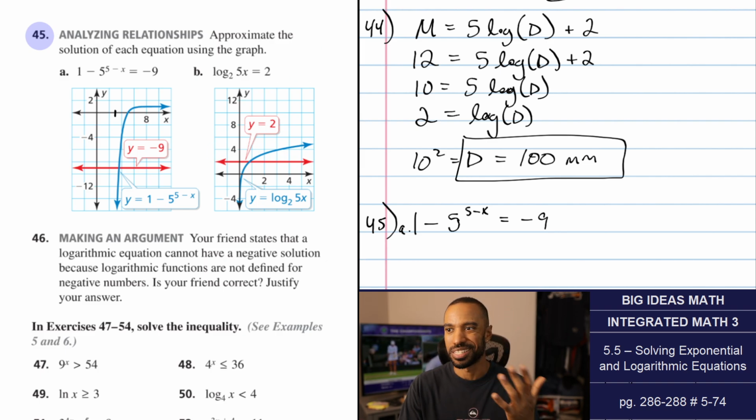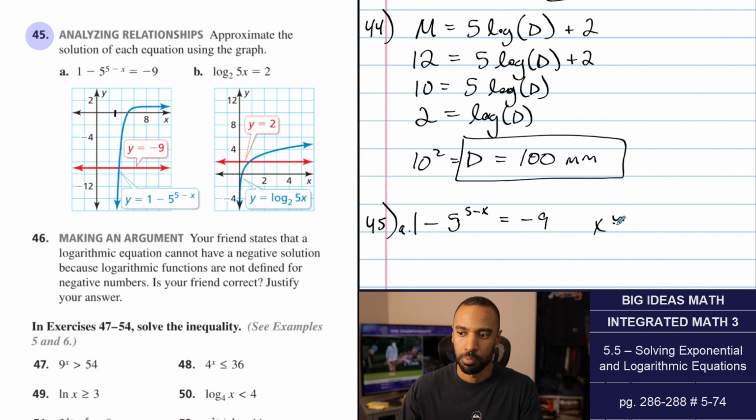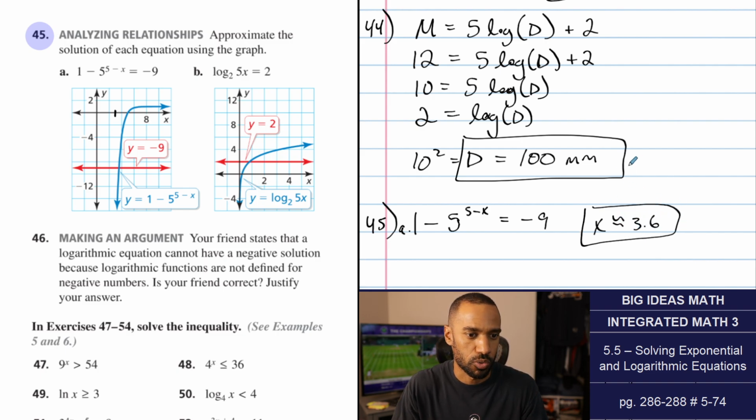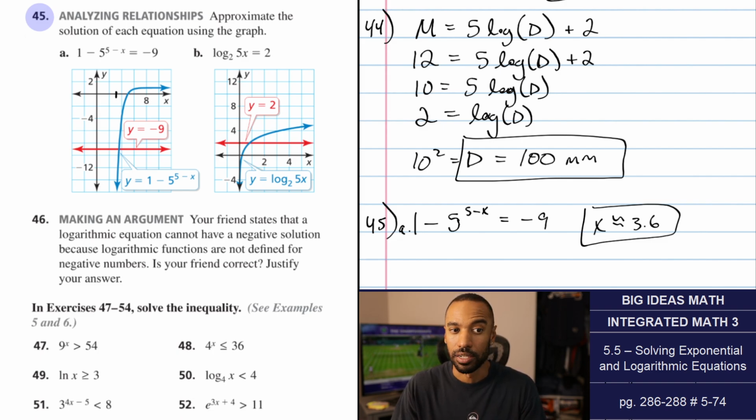I'd say probably 3.6 or something like that. I'll just say x is about 3.6. That's going to be my answer there. Maybe 3.7, maybe it is 3.5. But somewhere in between 3 and 4 looks to be the case for that one. You can probably make a different argument. We can actually solve it using logs and such, but I'm going to leave it on that one.